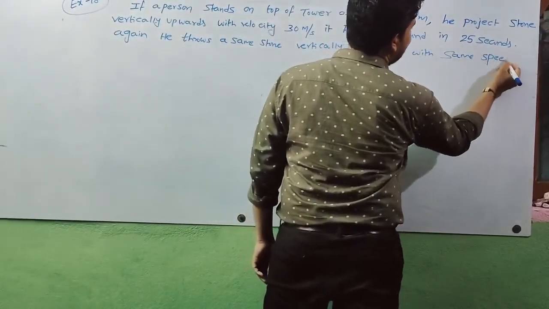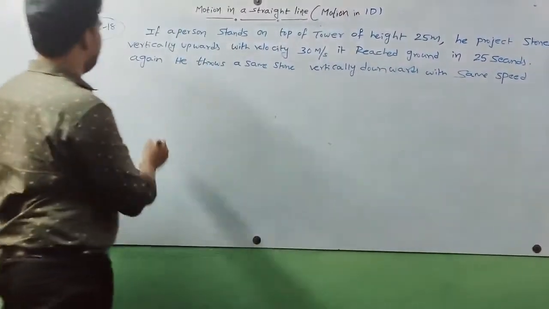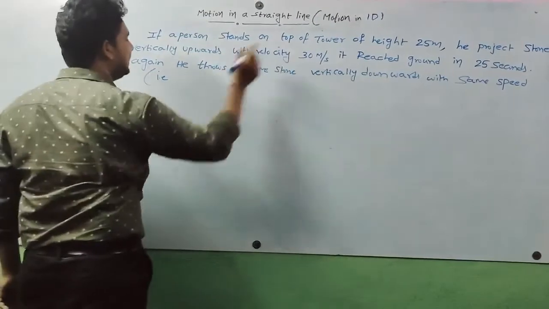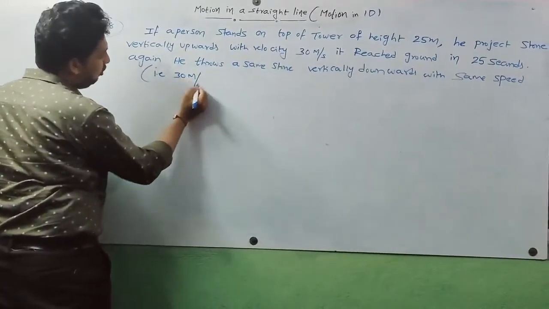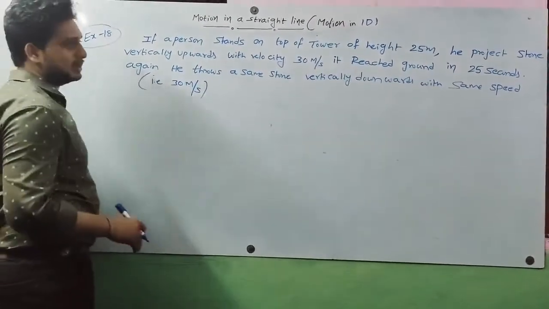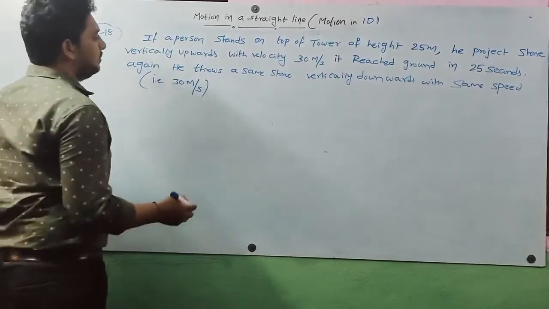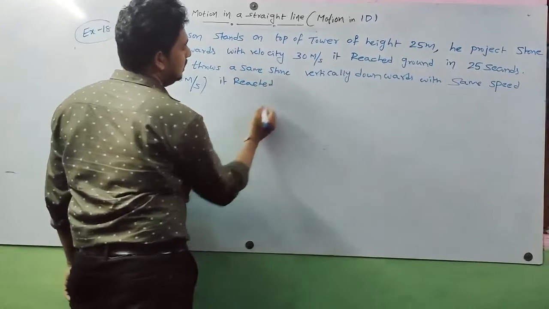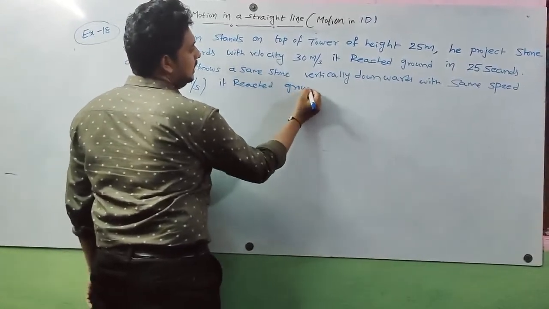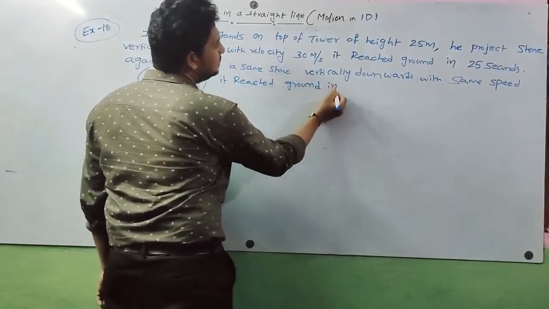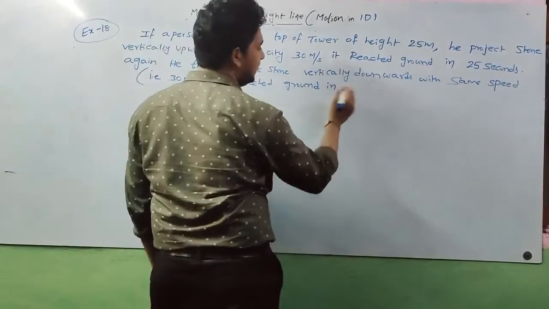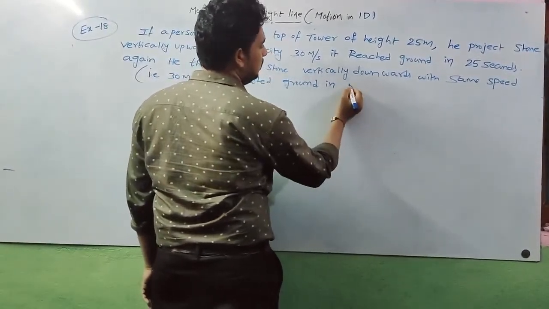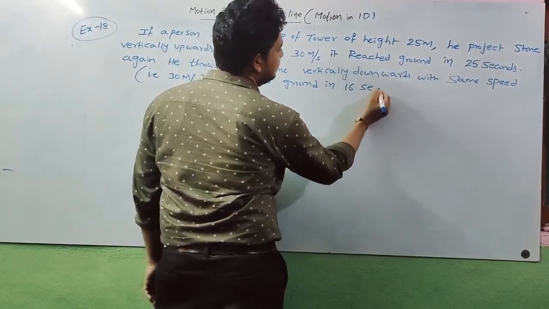Same speed means already projected vertically with some speed, 30 meter per second. Then projected downwards with the same speed means 30 meter per second. So with the same speed, it reached the ground in 16 seconds.